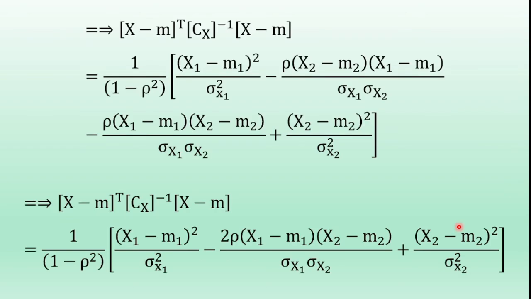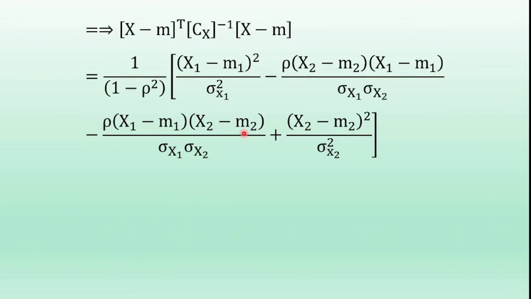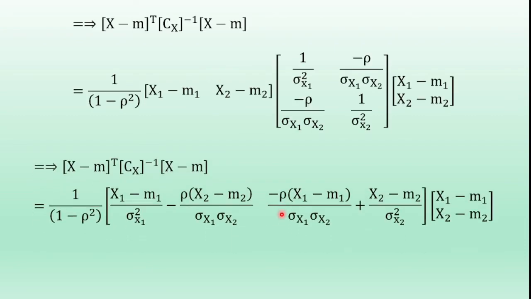So therefore, 1 by 1 minus rho square into x1 minus m1. First I will explain here, after that showing.